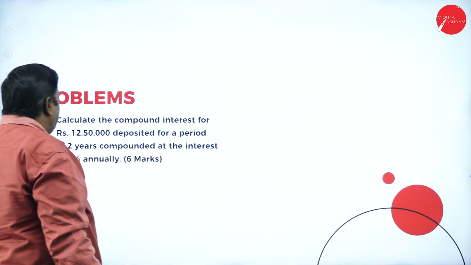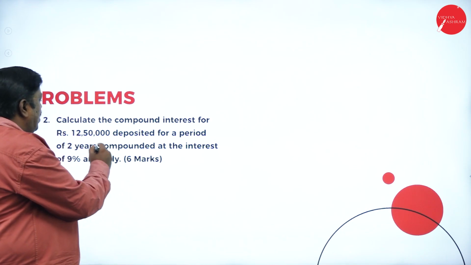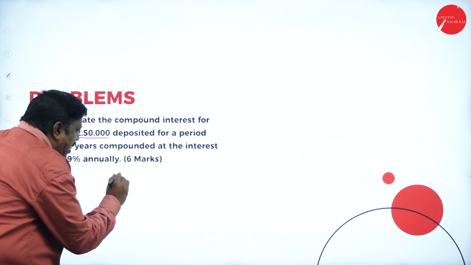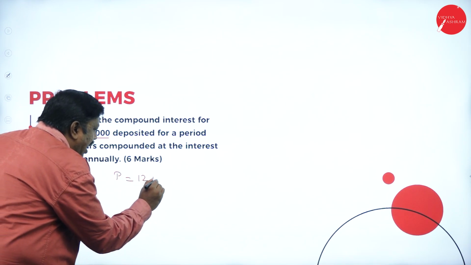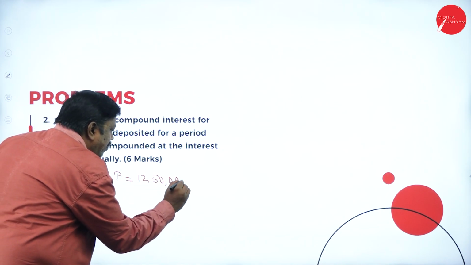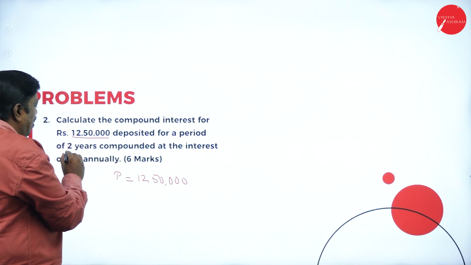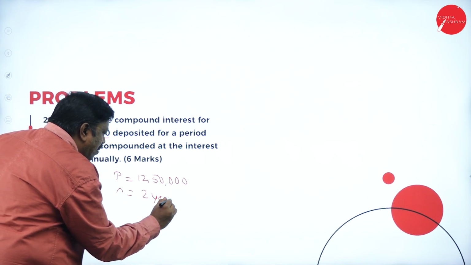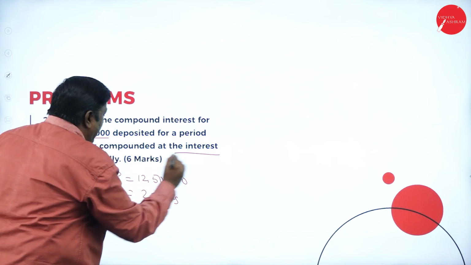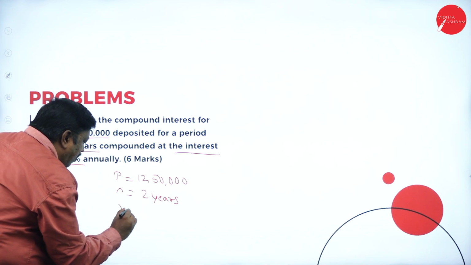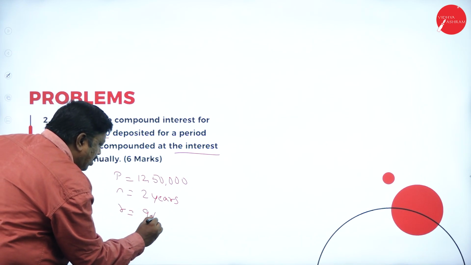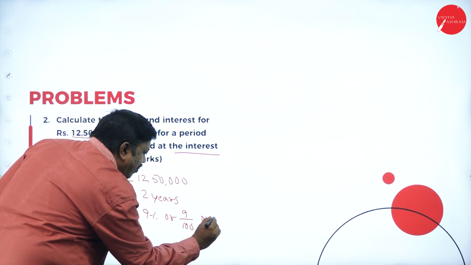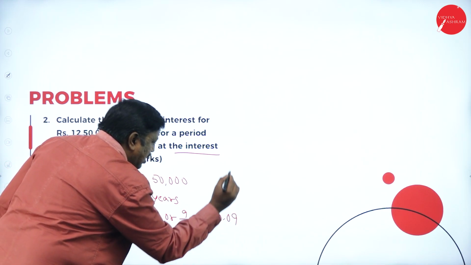Now, in the same concept, we have taken the amount we are depositing, 12,50,000. Principal amount is 12,50,000, and N will be 2 years, and interest R will be 9%, or 9 by 100, or 0.09.